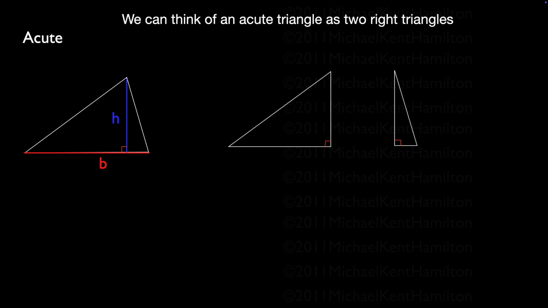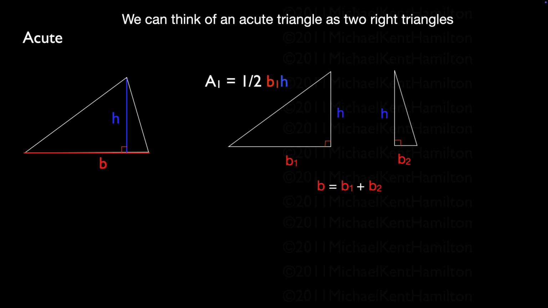Notice that the heights of each of these triangles will be the height of our acute triangle, and they will each have bases such that the sum of their base lengths is equal to the base of our original triangle in length.